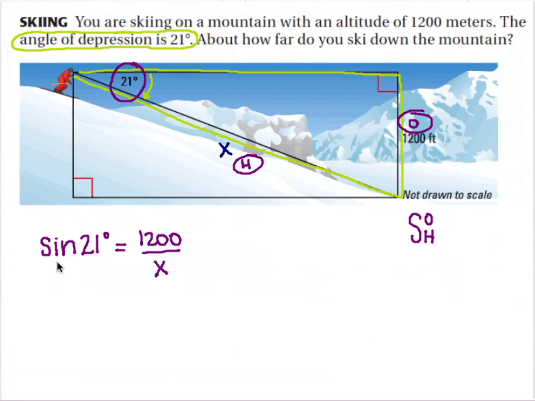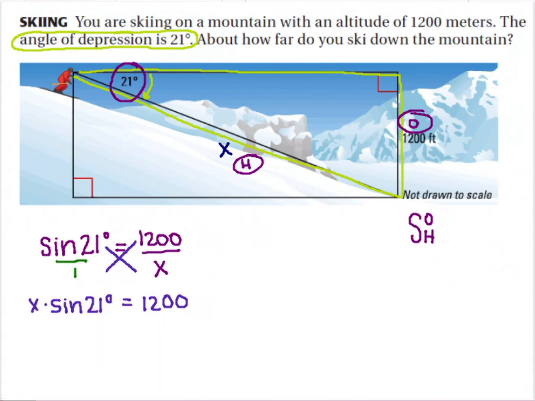And the x is on the bottom here, which confuses some people. So we're just going to put that over 1 and we're going to cross multiply. So this time we'll be taking sine of 21 times x and putting it equal to 1200 times 1. That's what we get from our cross multiplying. Now you'll notice that the x still isn't by itself on this one, so I'll need to cancel out this times sine of 21.